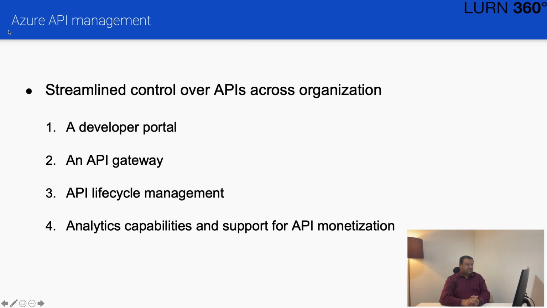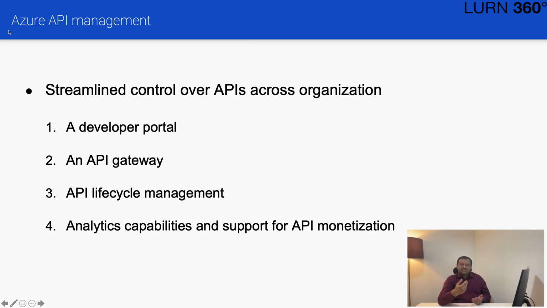And the last one is the analytics capability and the capability to monetize your API, right? Let's say you have 100 APIs coming out from different systems within your organization, and you're letting the outside world, your customers or your developers, use all of these APIs, right? But at the organization level, you want to know the analytics behind these APIs.